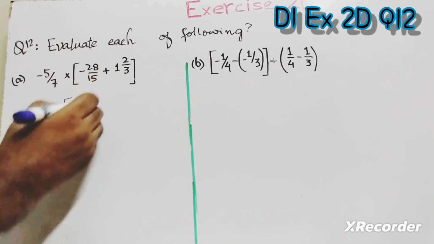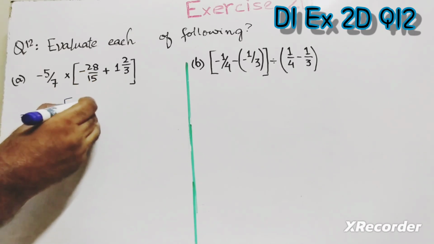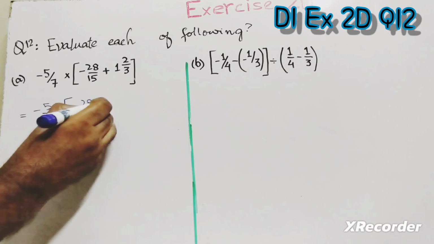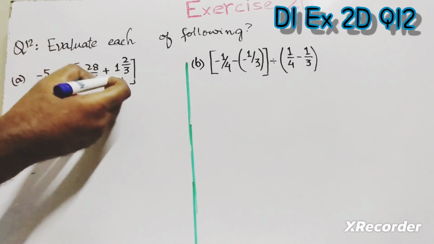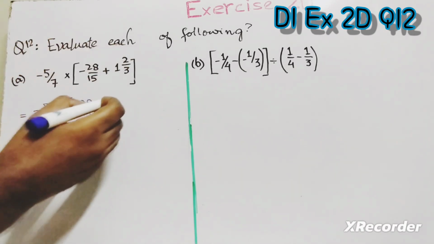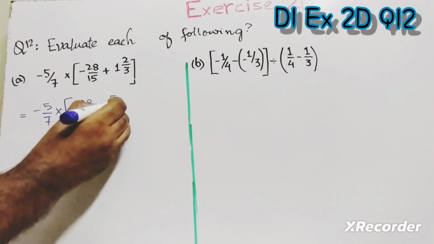Bracket open, minus 28 upon 15 plus, 3 times 1 is 3 plus 2 is 5, so 5 upon 3.